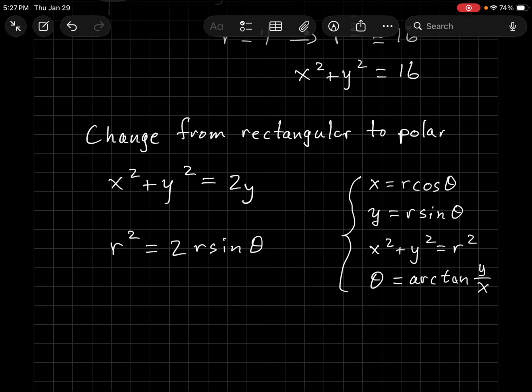Generally speaking, if I have an equation, I factor things out. I don't divide things out, but I often make an exception for polars. So if I take an r out of both sides, I end up with r equals 2 sine theta. So x squared plus y squared equals 2y is equivalent to r equals 2 sine theta.